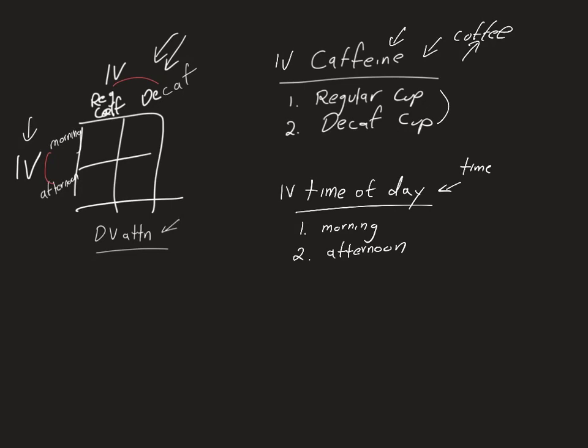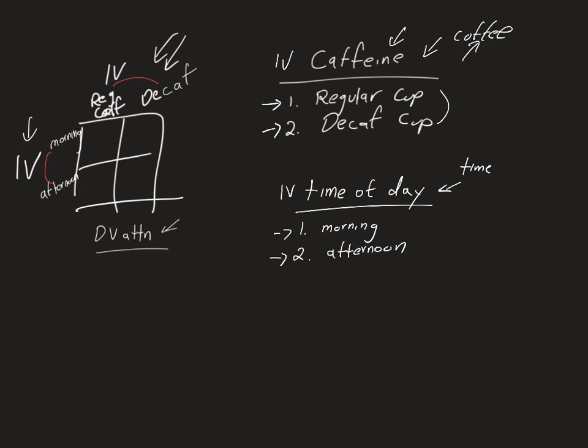Just looking at the IVs, how many experiences are within that IV? Here for caffeine, you have 2 experiences that were designed. Here, you also have 2. So you have 2 levels for caffeine, 2 levels for time of day.